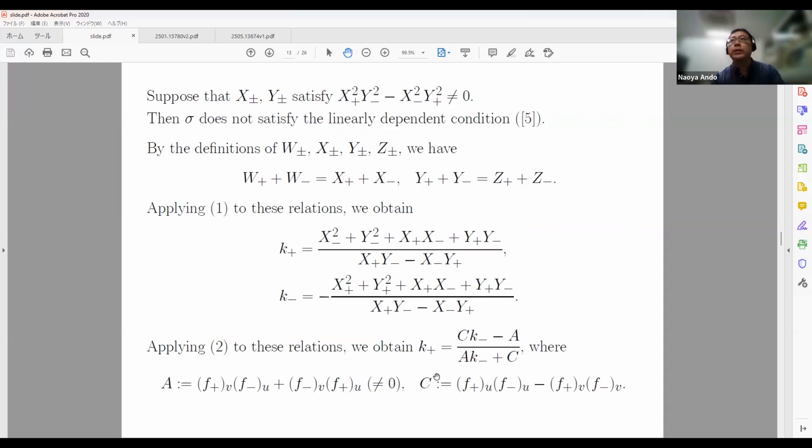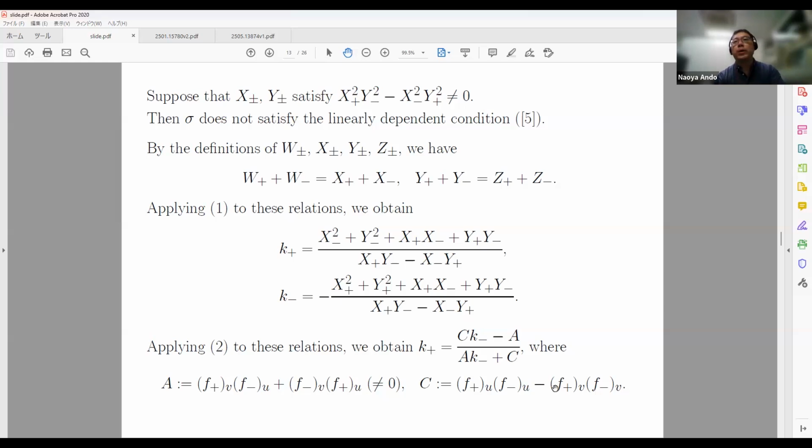K plus is expressed by K minus, large A and large C. Here, large A is given by this. This is not zero because of this condition.